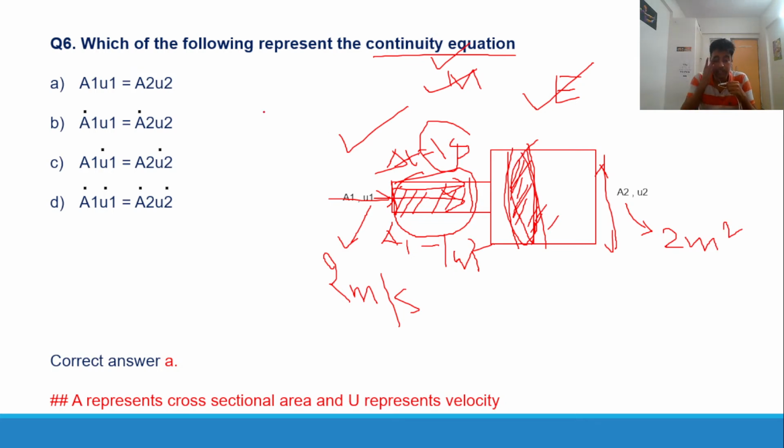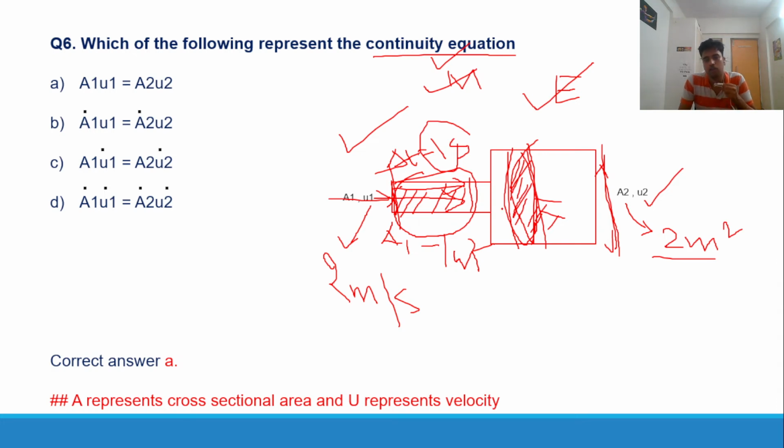So that's how this continuity equation is derived: A1, the cross sectional area at section 1, multiplied with velocity of fluid at section 1, will be equal to cross sectional area A2 into velocity of fluid U2.